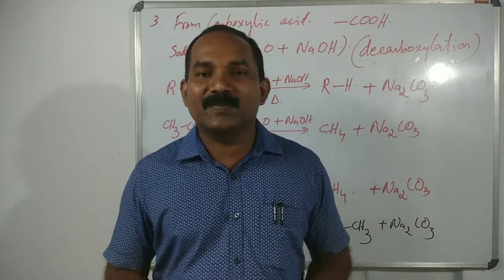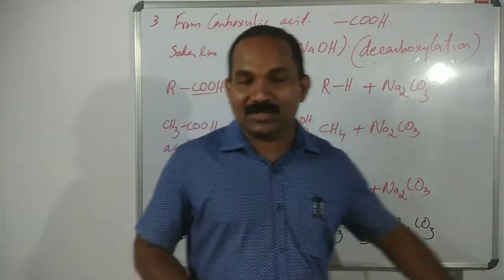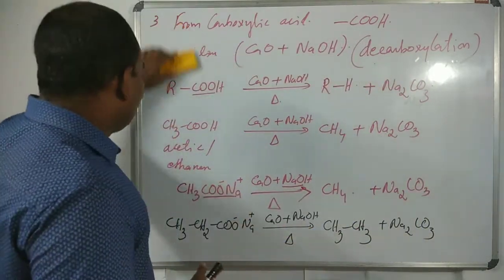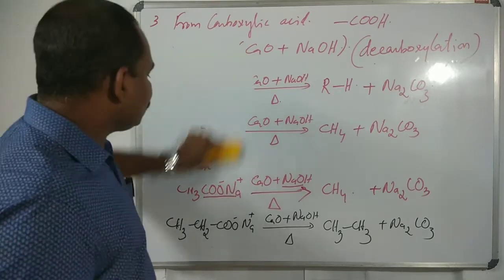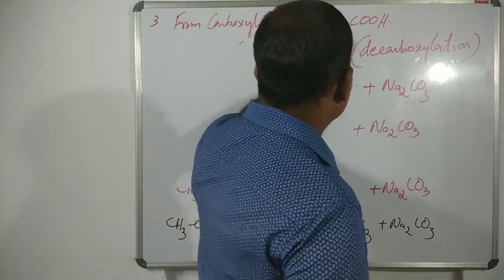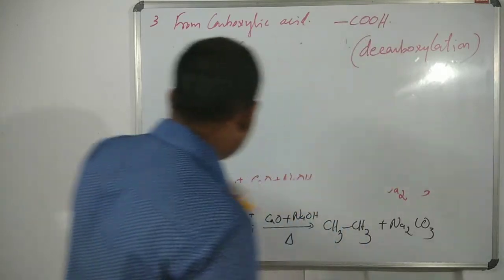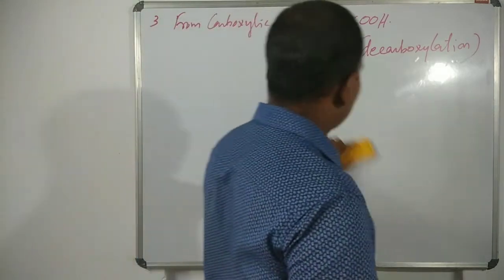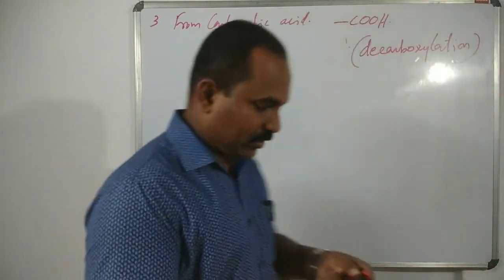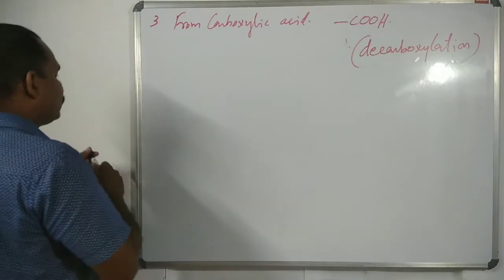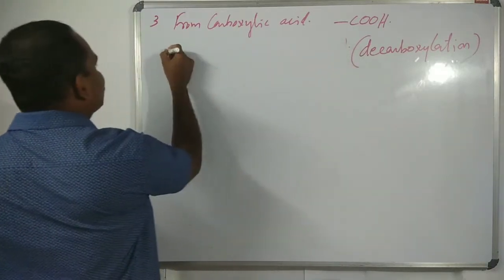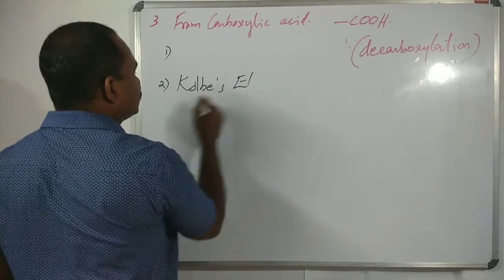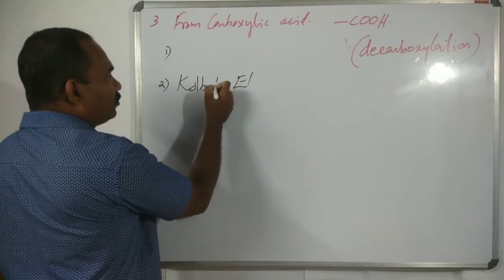One more reaction is Kolbe's synthesis, Kolbe's electrolysis. From carboxylic acid itself, the second method is Kolbe's electrolysis. So first one decarboxylation, second one Kolbe's electrolysis.